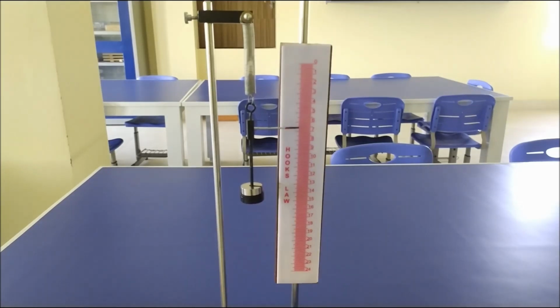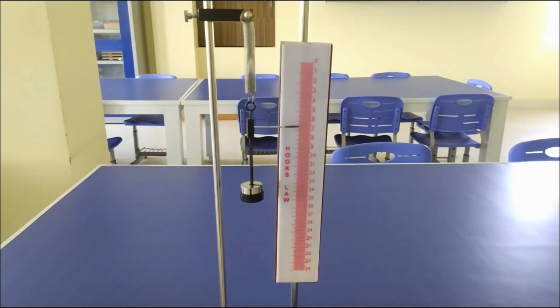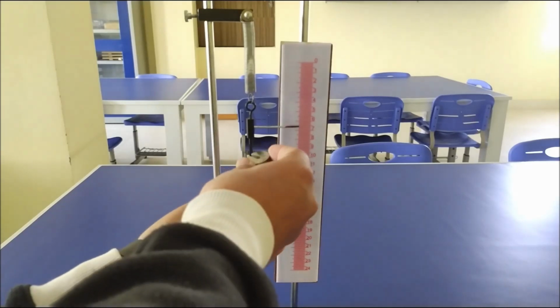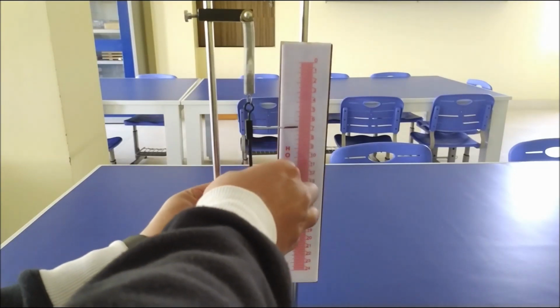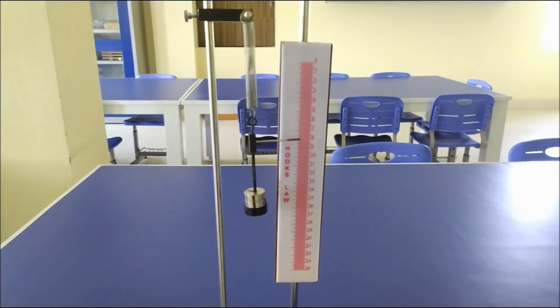and my reading comes out to be 6.5. Now again I am adding the 20 gram slotted weight in the hanger. Now my total weight in the hanger becomes 60 grams. Let's note down the new reading.